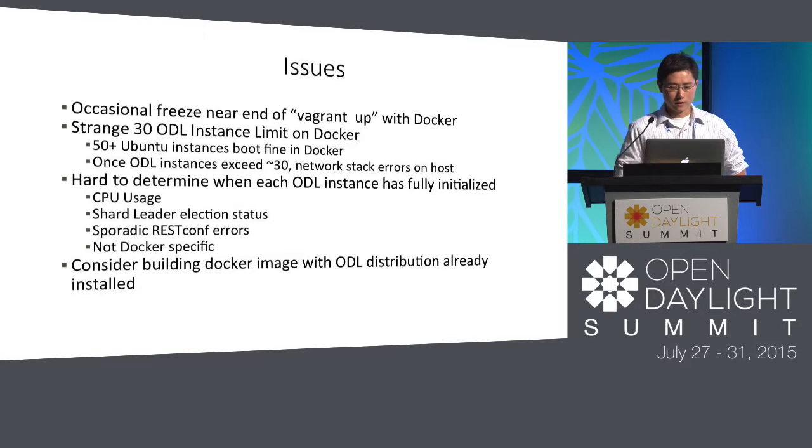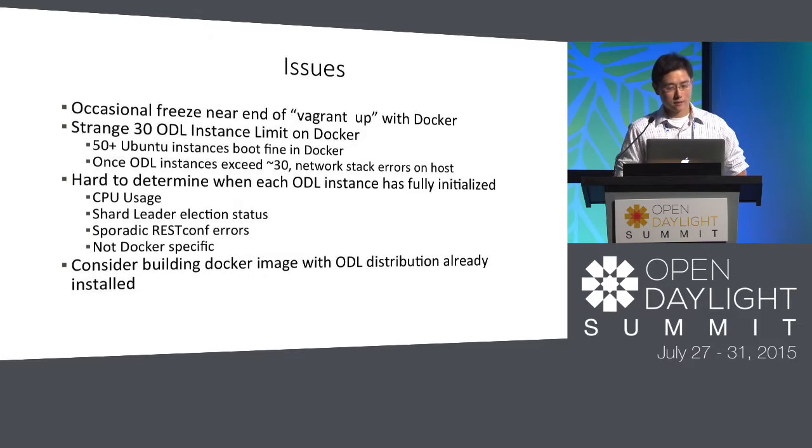I've also seen cases where CPU has stabilized and the shard leader has apparently been elected properly, but certain nodes, when you actually try to make a REST call, will just return 500. The only way to get rid of that is to terminate that particular instance and restart it.